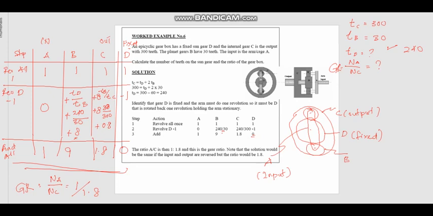So if A is 1 rpm, B will be 9 rpm, C will be 1.8 rpm. If A is equal to 2, then B will be 2 times 9 equals 18, and C is 1.8 times 2, which is 3.6 rpm.